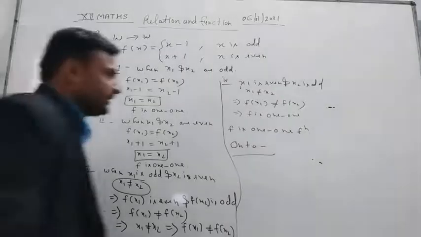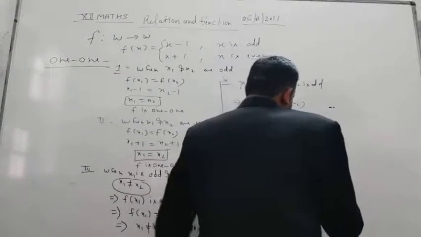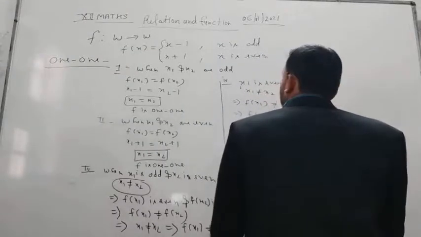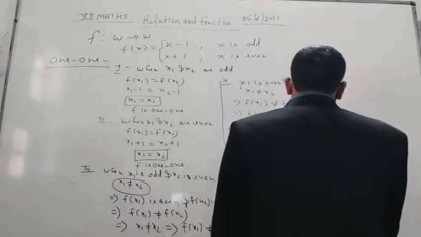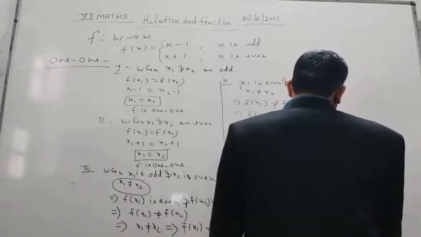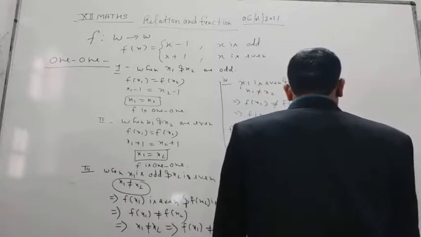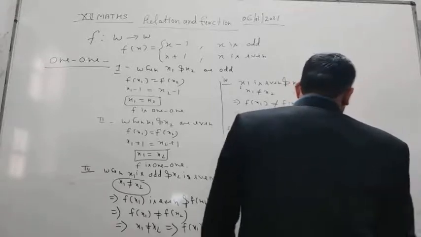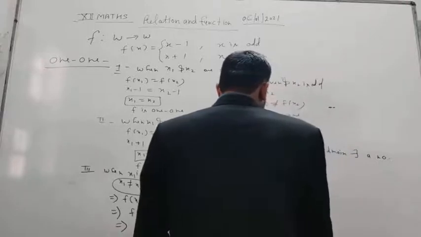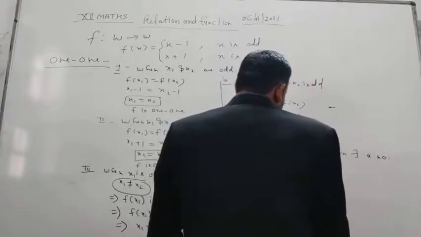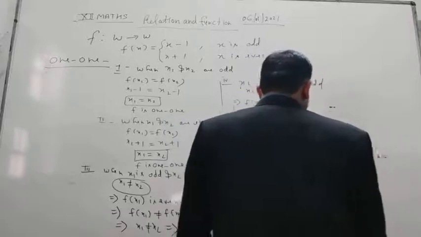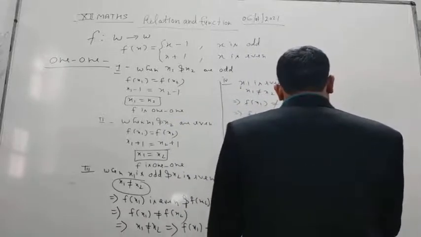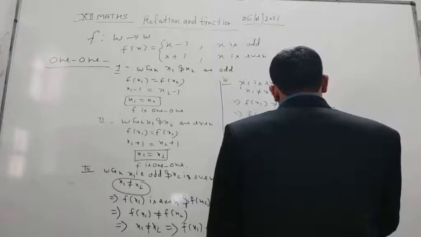Okay, students, so we write for every y belong to codomain, there exists a number y plus 1 in domain for every y even number.